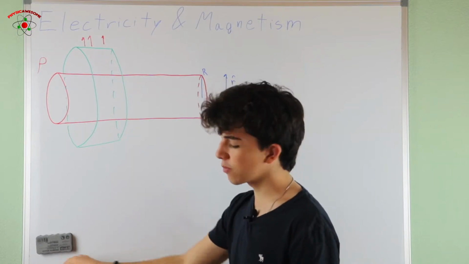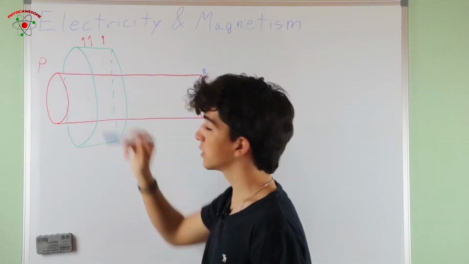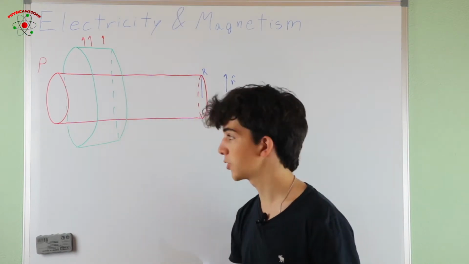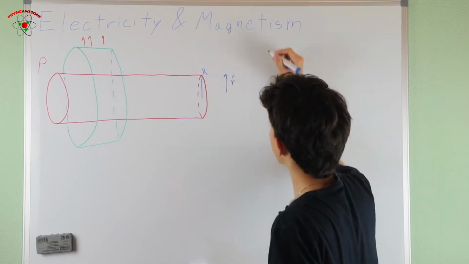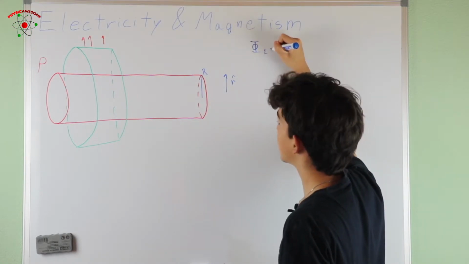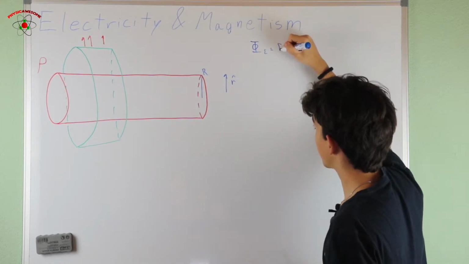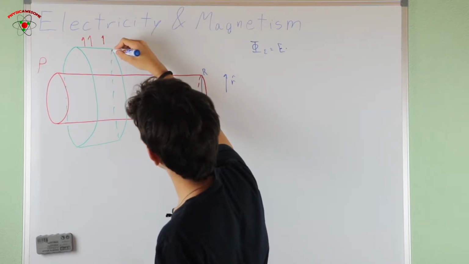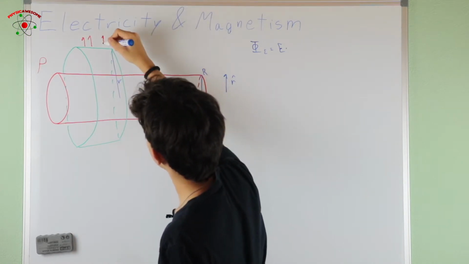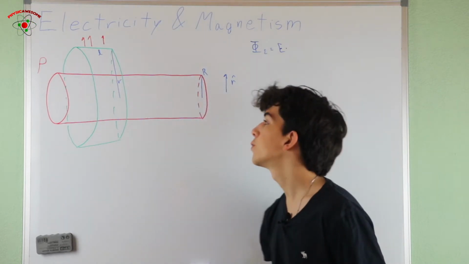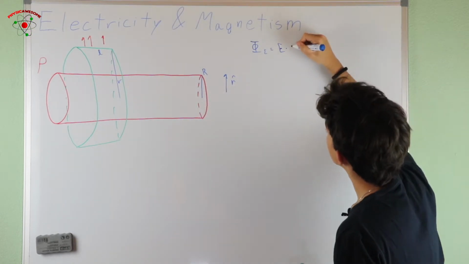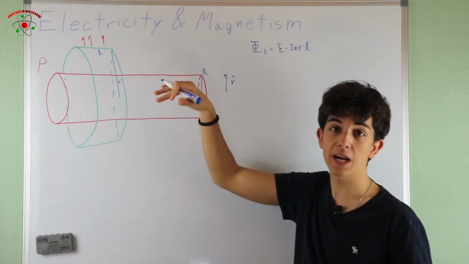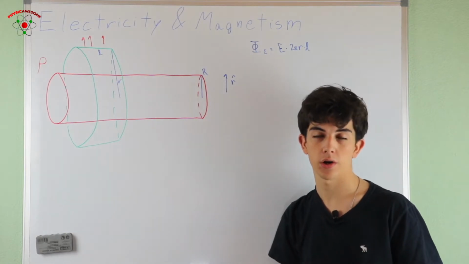If we carry out our flux analysis, we see this side doesn't contribute, and this side over here doesn't contribute either. So we just have that our electric flux is equal to the electric field at those points times the area, and by defining this radius as r and this length as L, we find this is 2 pi r times L. That is the exact same analysis as what we did for the wire.